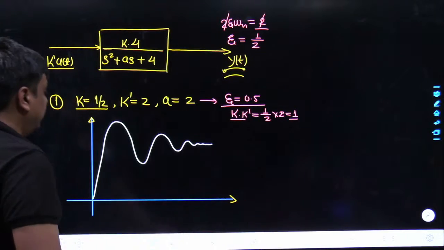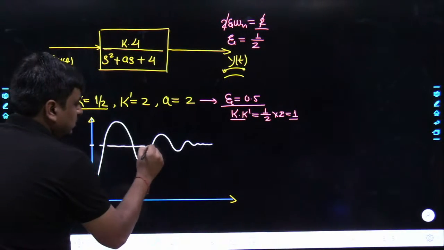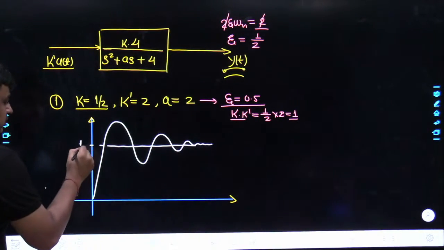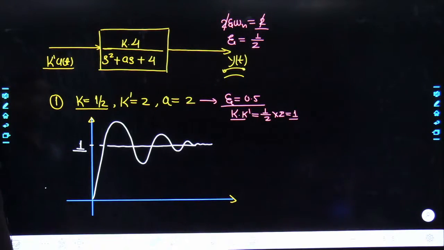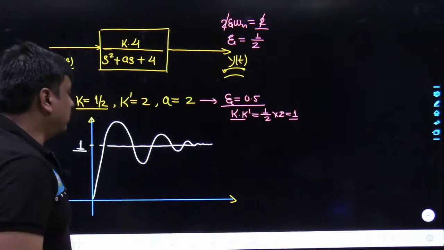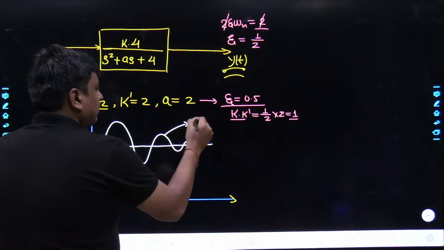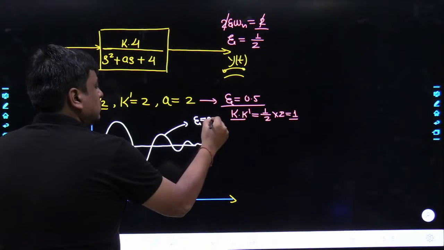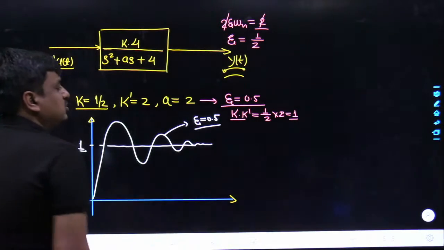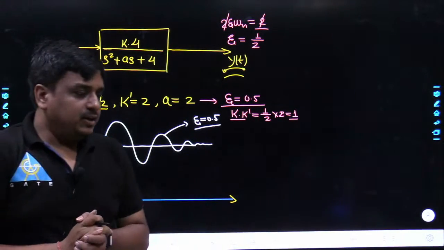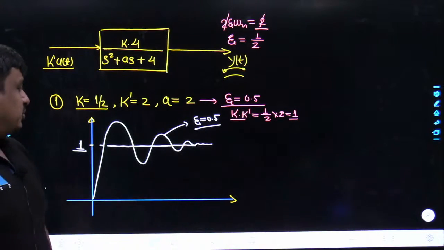May I know what it is? It is nothing but 1. Agreed? This is the response when the value of zeta was 0.5. Till this point nobody should have any doubt.